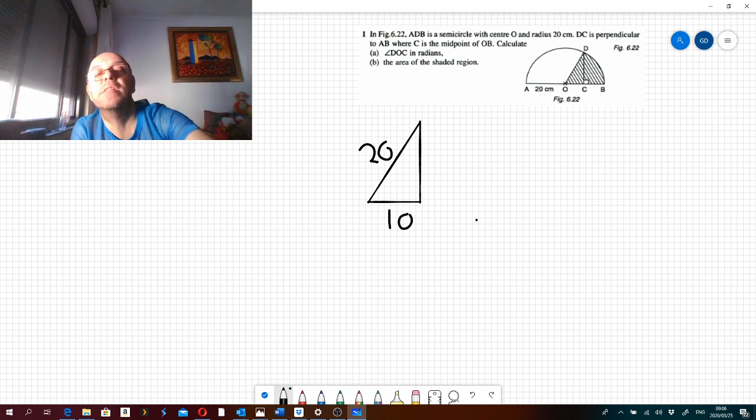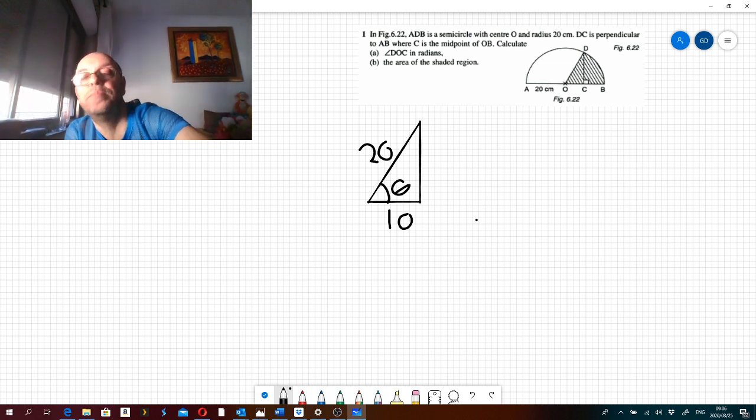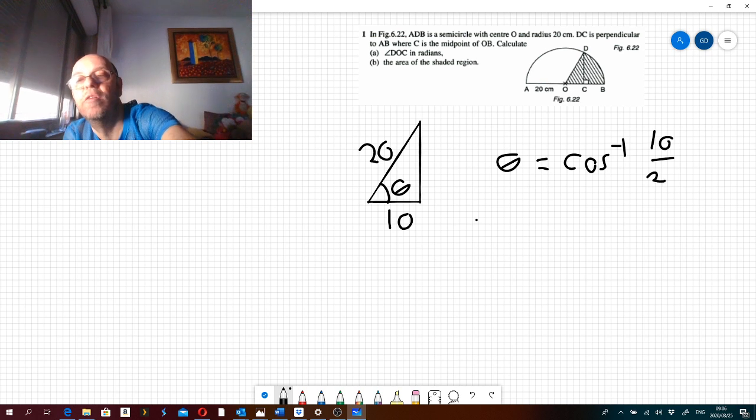That gives us a value to be able to find a ratio, and if we use the adjacent over the hypotenuse, which is what we've got here, we can say that the angle, let's call it theta, must be equal to the inverse cos of 10 over 20, or a half.